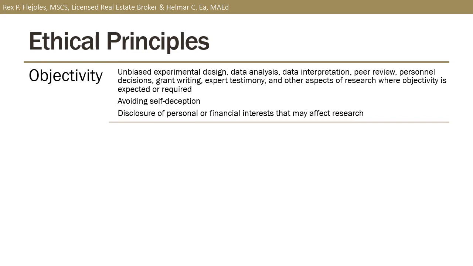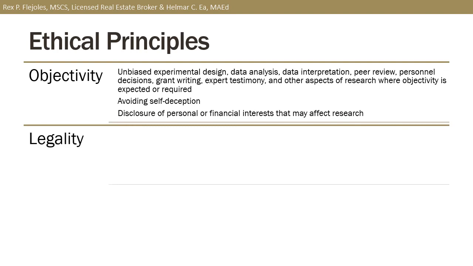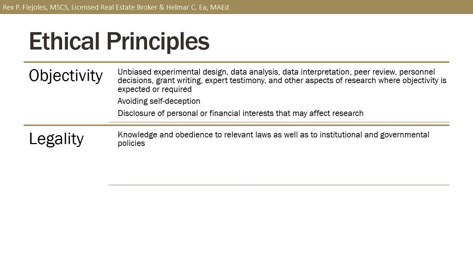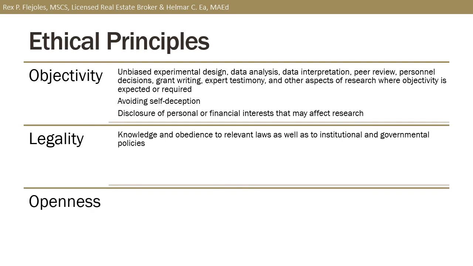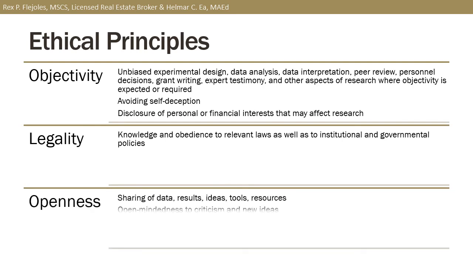Avoid self-deception and disclose personal or financial interests that may affect research. 14th, on legality. Be knowledgeable and obedient to relevant laws as well as to institutional and governmental policies. 15th, openness. Share data, results, ideas, tools, and resources. Be open to criticisms and new ideas.